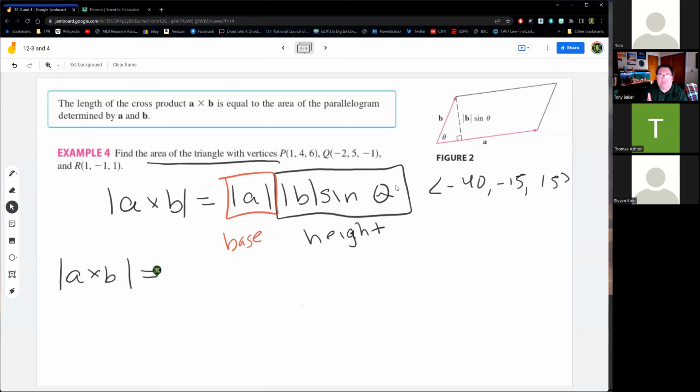What's the difference between the area of a triangle and the area of a parallelogram? It's just cut in half. So all we're going to do is cut the area of my parallelogram in half.